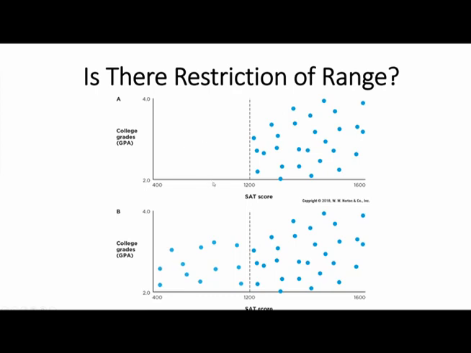If we jump to the next slide, we have the full graph here. This is where that artificial cutoff was, this restriction of the range of SAT scores. If the college doesn't let people in who score less than 1200, then this is the only information that you get.